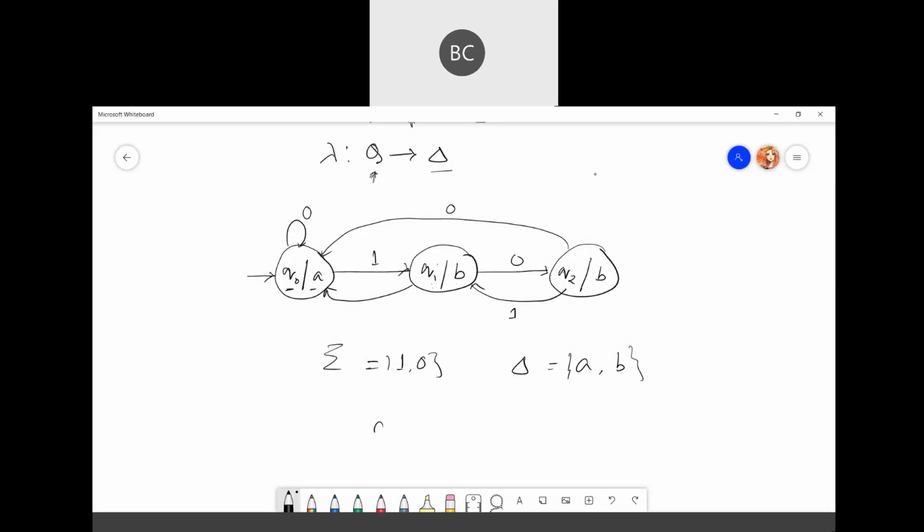For example, we have 0, 0, 1, 0, 1. This is the string.